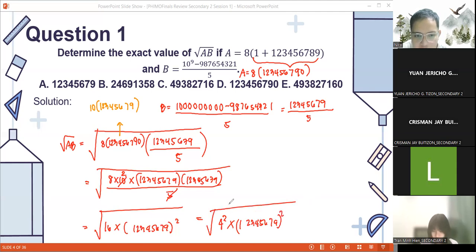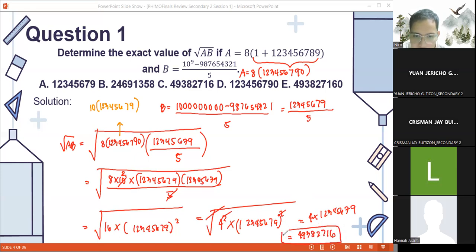Getting the square root of squares, you just remove the square, so it becomes 4 times 123,456,789. The final answer here is 493,827,156. That is letter C.